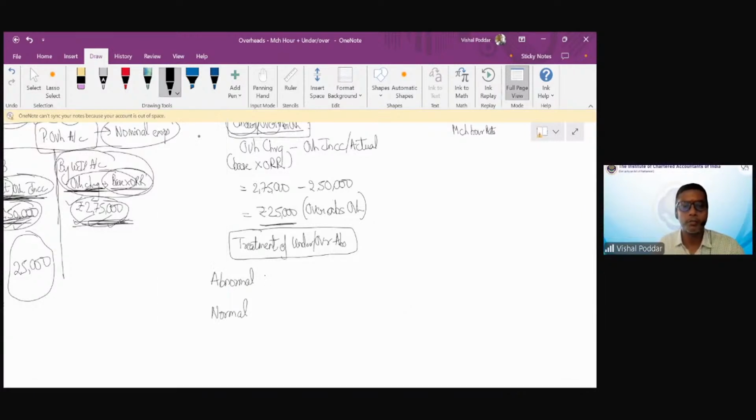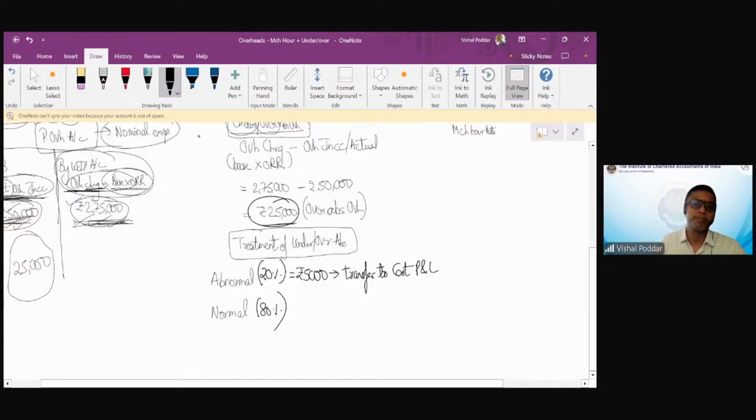So let us say your sum says 20% is abnormal. So 80% is normal. How much is 20% of 25,000? It comes to rupees 5,000. What will you say? I will say transfer to costing P&L account.